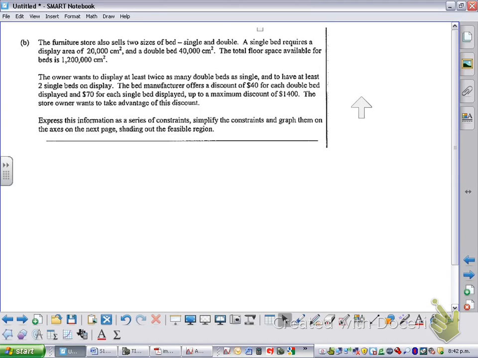The second equation: the owner wants to display at least twice as many double beds as single. Double beds was my Y. And it wants to display at least, so greater than or equal to, twice as many double beds as singles.